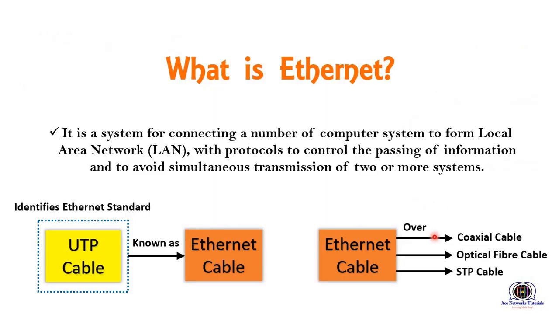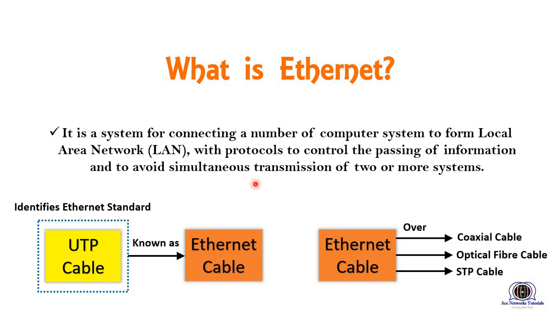Moving further, what is an Ethernet? We already discussed, Ethernet is a protocol. It is used for communication and connecting several computer systems to a local area network, with protocols to control the passing of information, and to avoid simultaneous transmission of two or more systems.